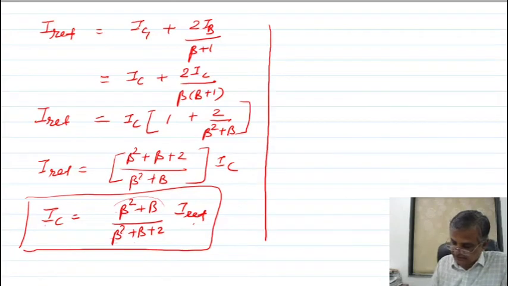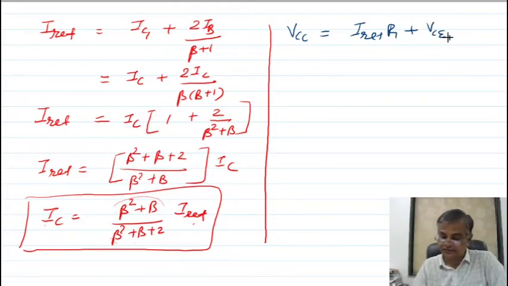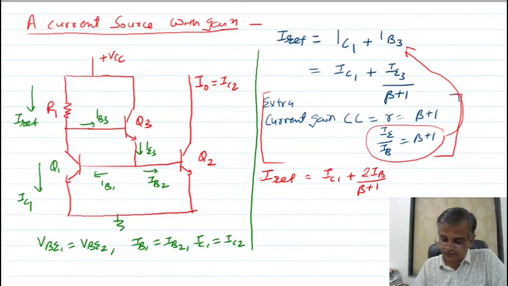And what is I reference? You can find the I reference also. From the circuit you can write VCC is equal to I reference into R1 plus VCE first. Look here, what is VCE first? This VC is equal to VB plus VB. This VB and this VB are equal, because we are taking identical transistors. If it is not identical, then write VB3 plus VB1. So take care.